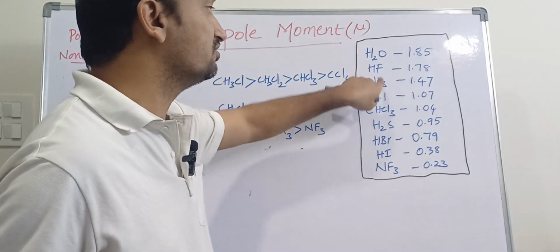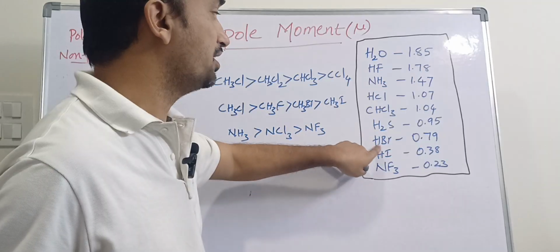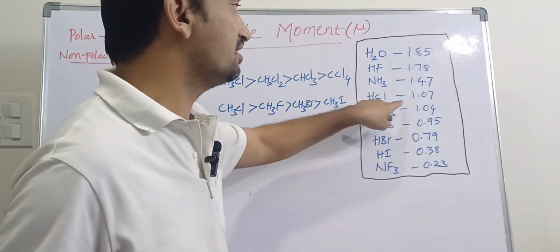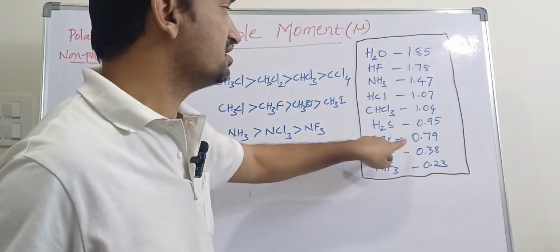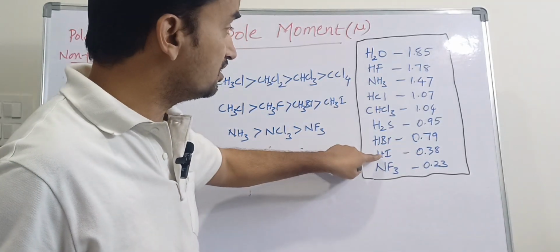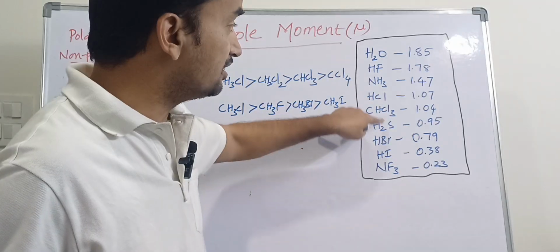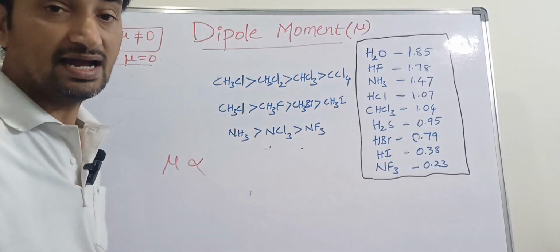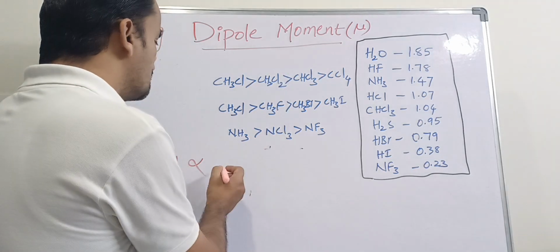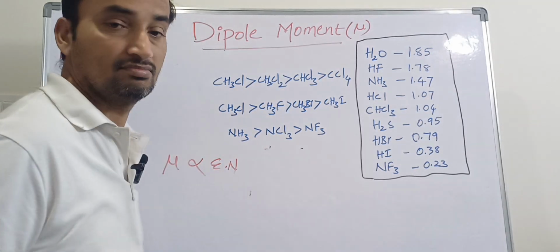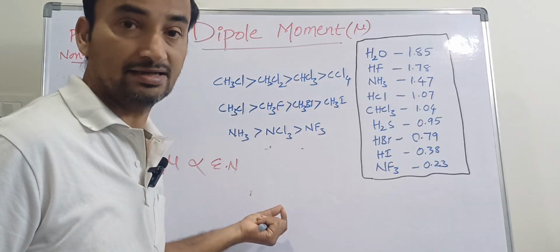HF, HCl, HBr, HI. HF is having 1.78, HCl is having 1.07, HBr is having 0.79, HI is having 0.38. So you see here, as the electronegativity of the atom increases, mu also increases. So it is dependent on the electronegativity of the atom.